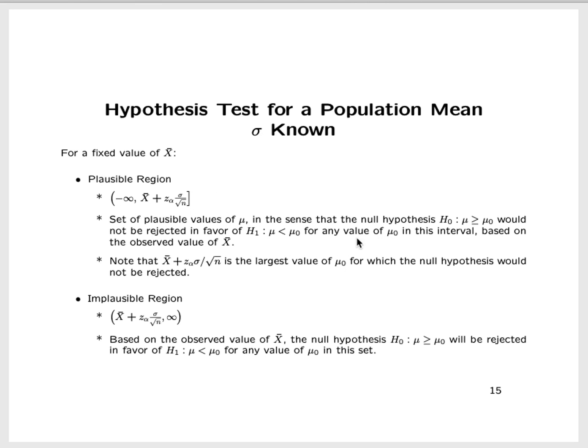Obviously, this region is based on the observed value of x bar. The implausible region is given by this interval, and so based on the observed value of x bar, the null hypothesis would be rejected in favor of the alternative for any value of mu in this implausible region.